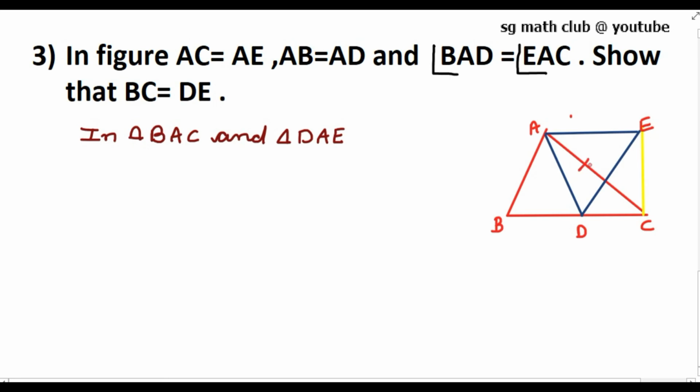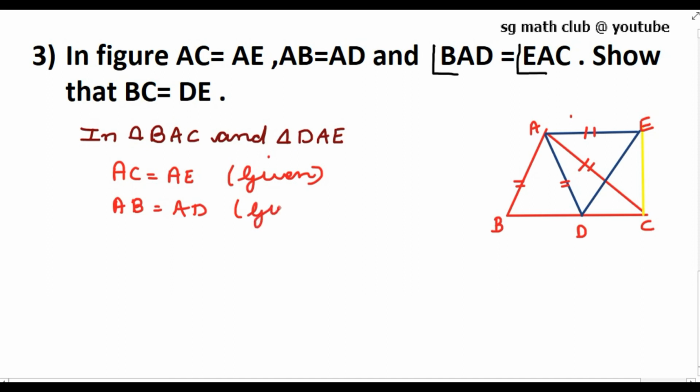Now they have already given AC equal to AE. Again AB equal to AD. That is also given.